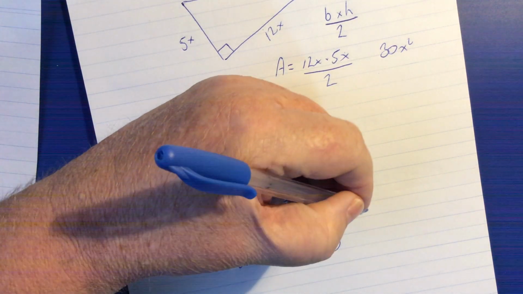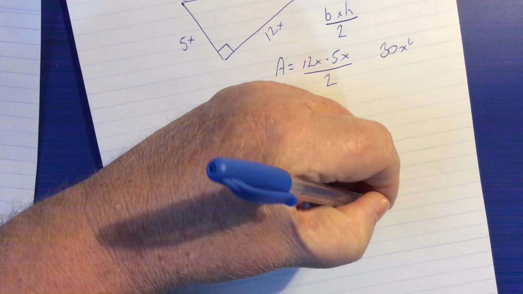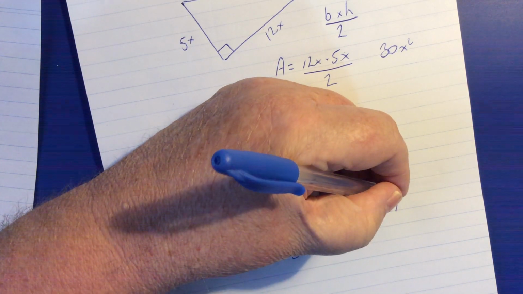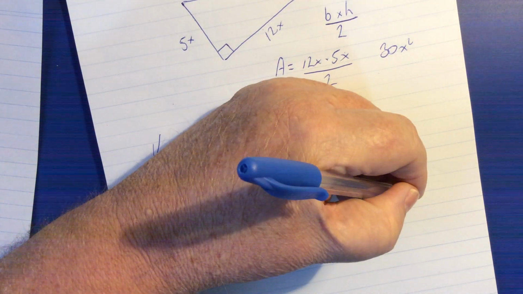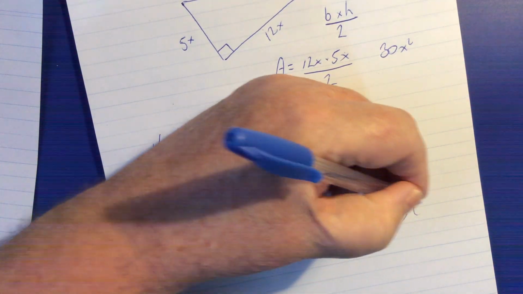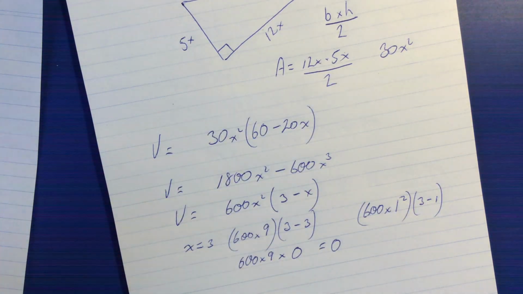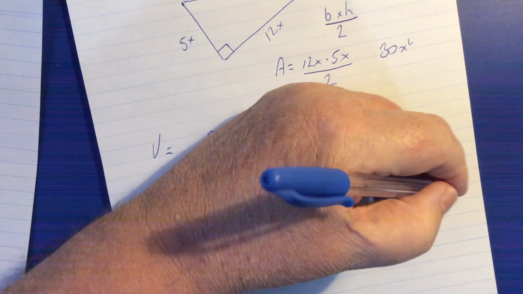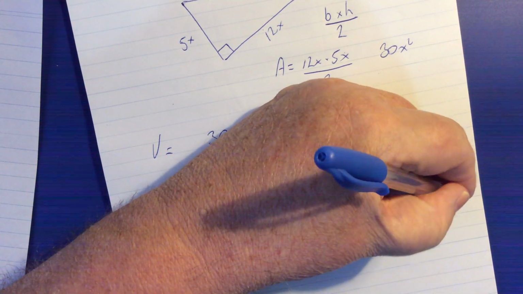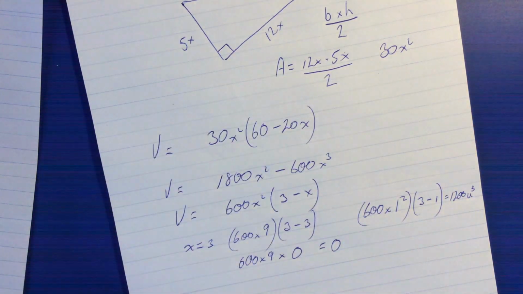So, for instance, just to take a very simple example, 600 times 1 squared, so if we made x equal 1, times 3 minus 1, we would have had a volume. It would be 600 times 2, which would be 1200 units cubed.